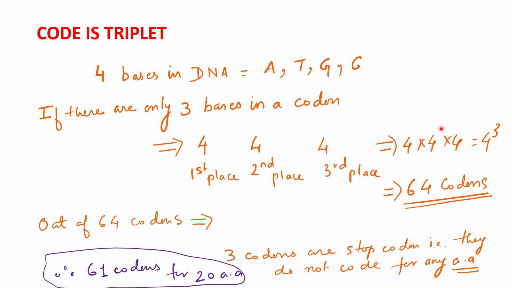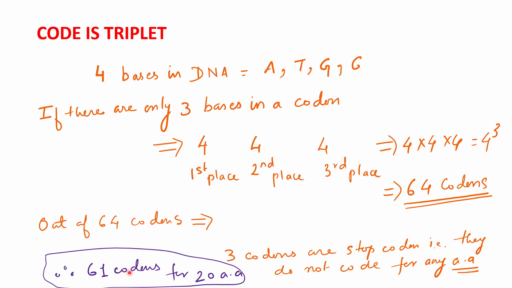Therefore, there are 4 into 4 into 4, 4 to the power 3 possibilities, generating 64 codons out of the 4 bases available in our DNA or RNA. So, in our genetic code, we have 64 codons. 3 codons are stop codons, that means they do not code for any amino acid.